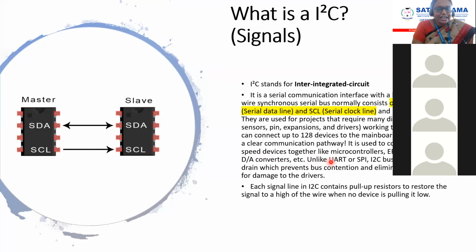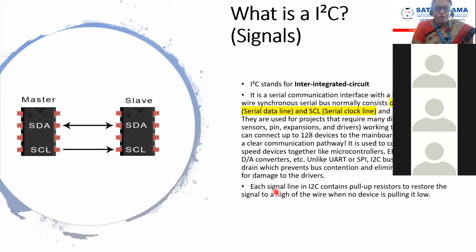In those 128 devices, what devices can I connect? Microcontroller is always fast, but peripherals are slow devices. So low speed devices like EEPROM, ADC, and some microcontrollers that act as slave microcontrollers, and digital to analog converters, can be connected. The others related to this are UART, SPI, or I2C.